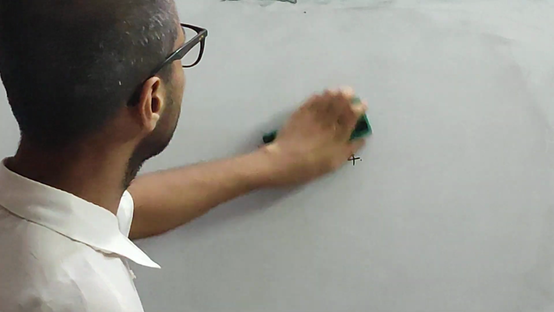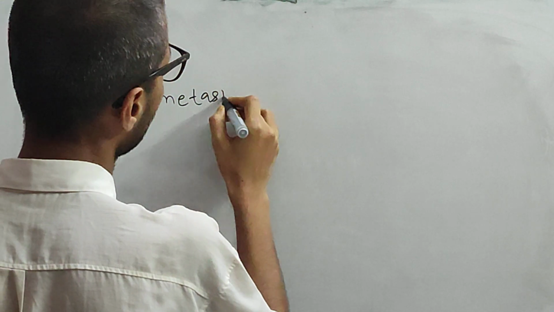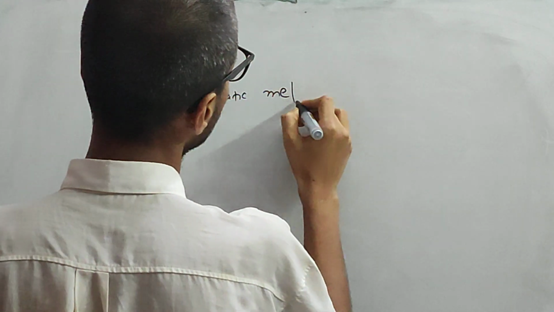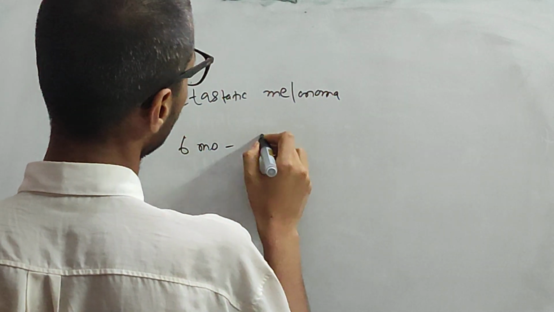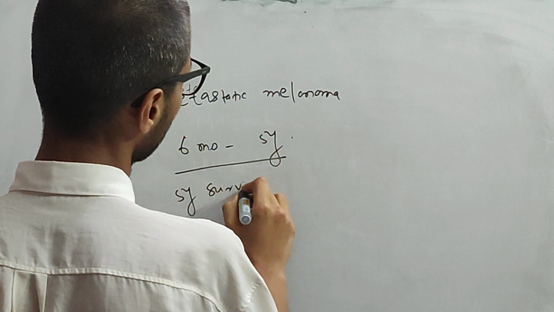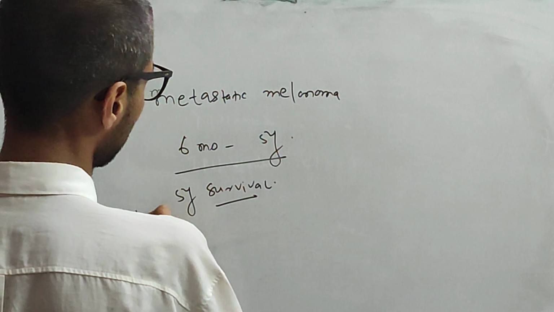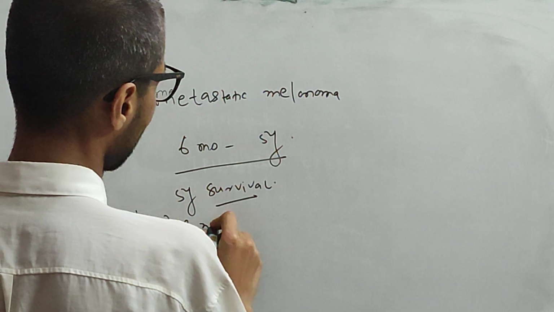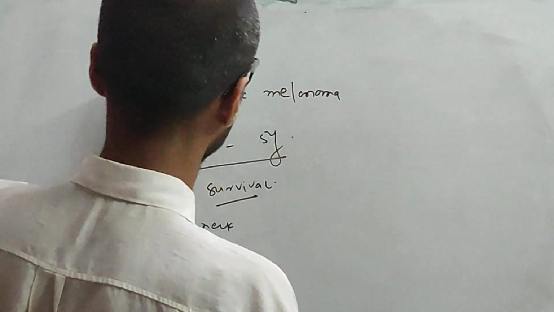And this immunotherapy is widely used in a variety of cancers. You might have heard that in metastatic melanoma, this has increased survival from 6 months to 5 years. Five-year survival has largely increased with immunotherapy. Similarly, it is used in a variety of other cancers like head and neck cancer, renal carcinoma, and urothelial cancers.